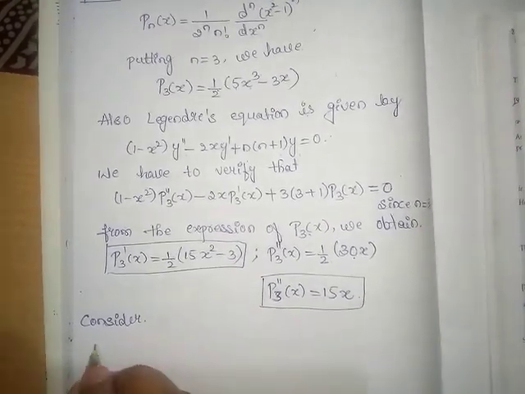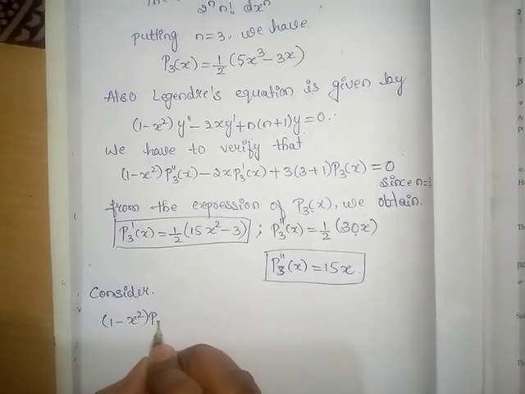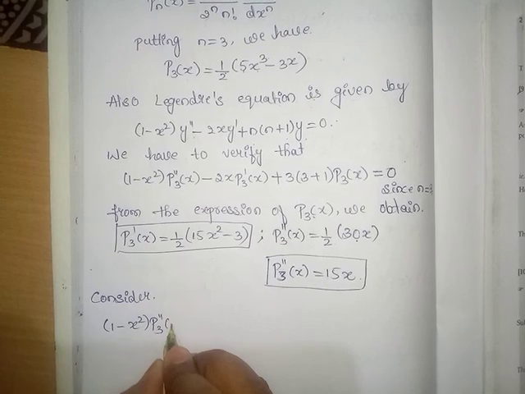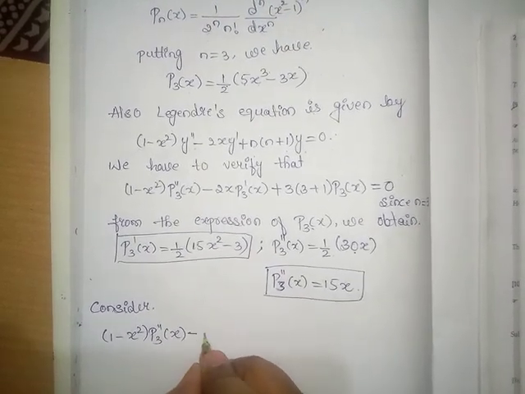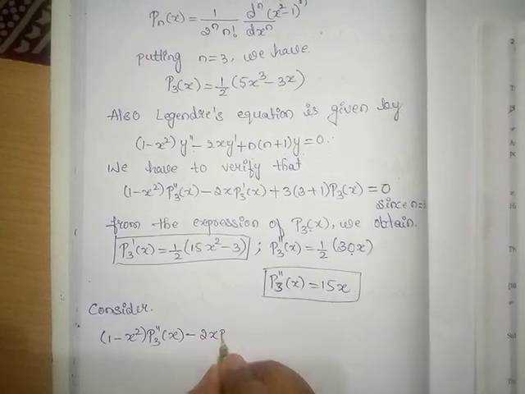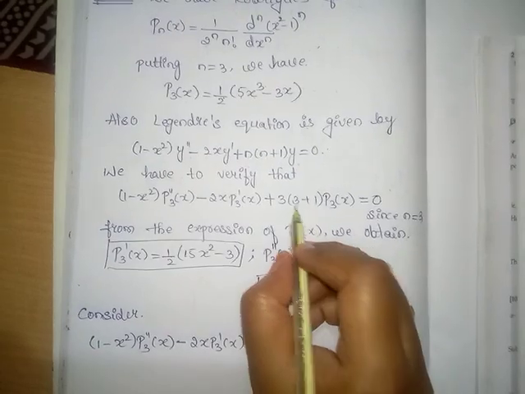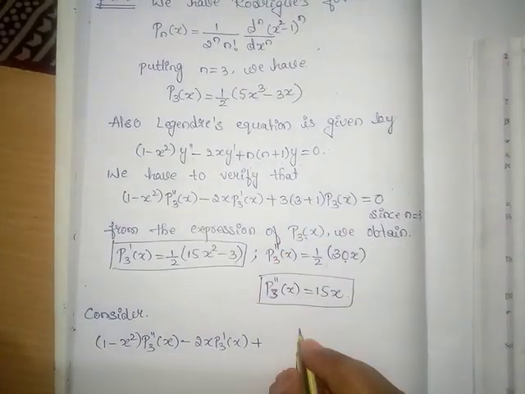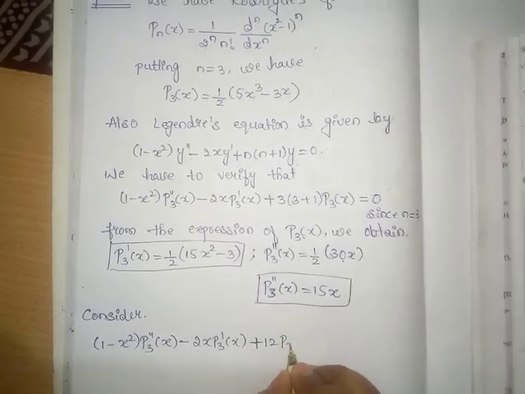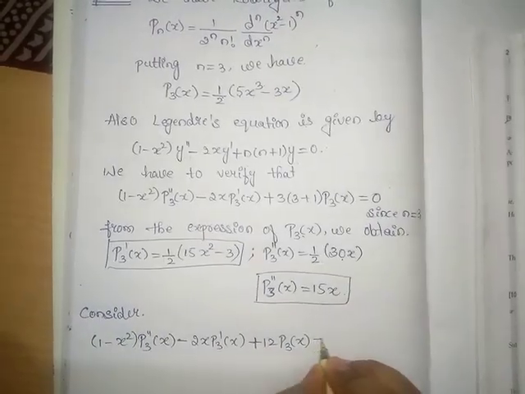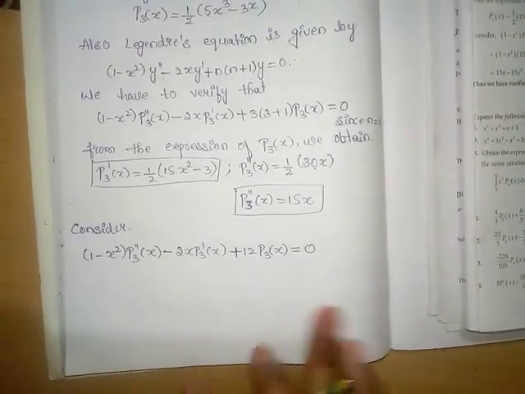Consider (1 minus x square) P3 double dash of x minus 2x P3 dash of x plus 3 plus 1 is 4, 4 into 3 is 12, 12 P3 of x is equal to 0. We have to prove that LHS is equal to RHS.